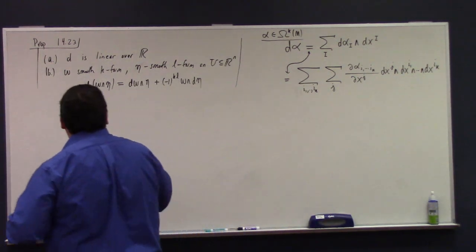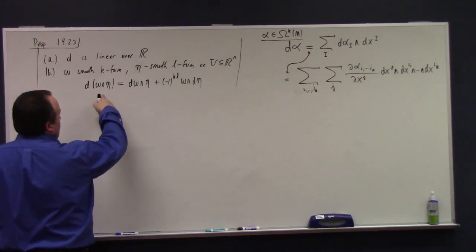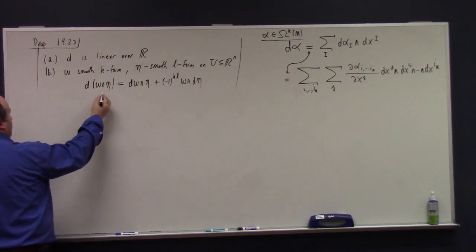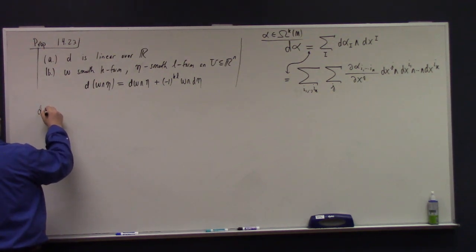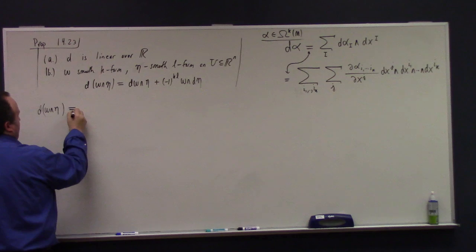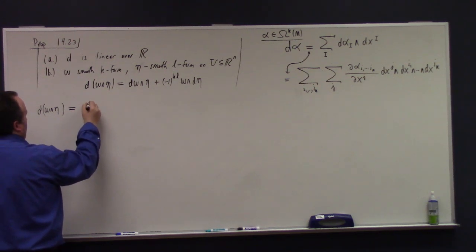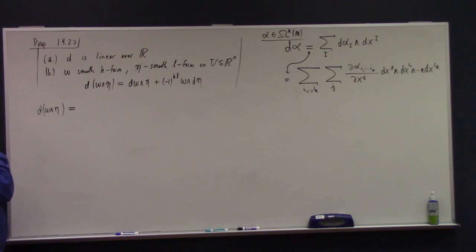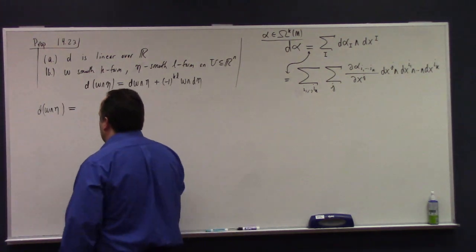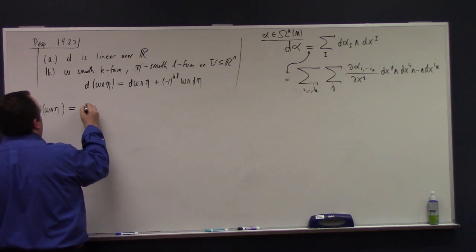So here, let's take the exterior derivative of this, d of omega wedge eta. All right, so we have to figure out what omega wedge eta is.